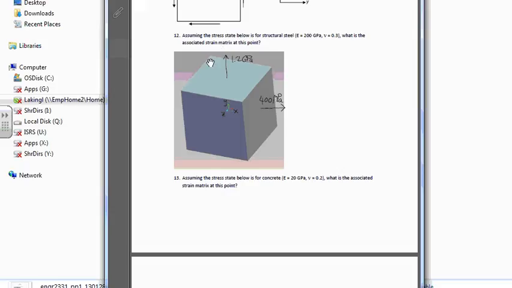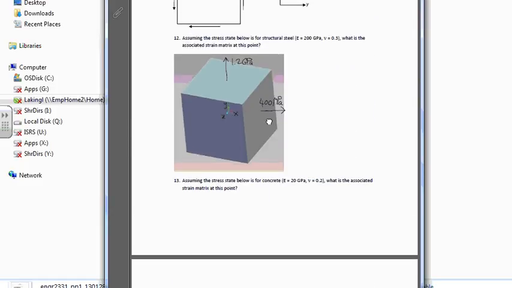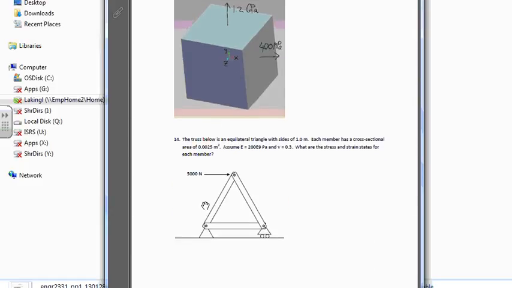If you go through the notes in the order that we went through them, we talked about how to do all of these, and you should know how to do these simple trusses and how to get the states of stress and strain at points in the simple trusses.